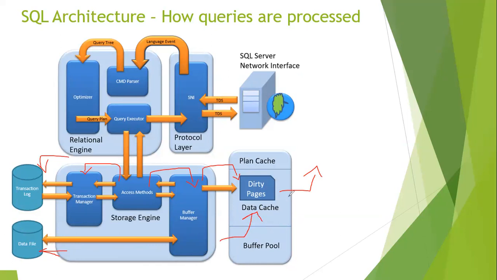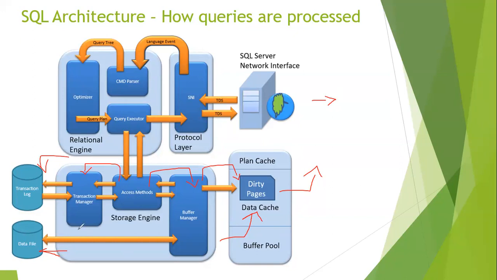Once the page is available in the data cache, the data will be retrieved and sent to the access method, and from the access method we will send it back to the relational engine and to the client. If it is any modification, then from the access method it will be sent to the transaction manager, and in the transaction manager you have the log manager, and the log manager will be writing into the transaction log file.